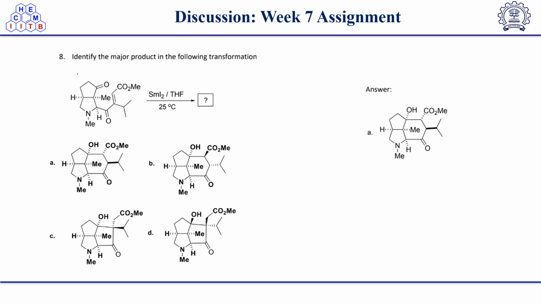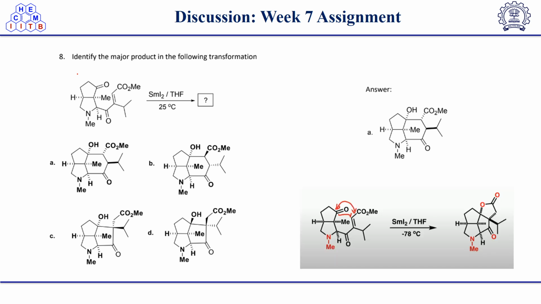So here the correct answer is option A, and this is happening in this reaction. So what is basically happening? This is attacking to here, and this oxygen lone pair will attack this carbonyl carbon, and one OMe will be eliminated.